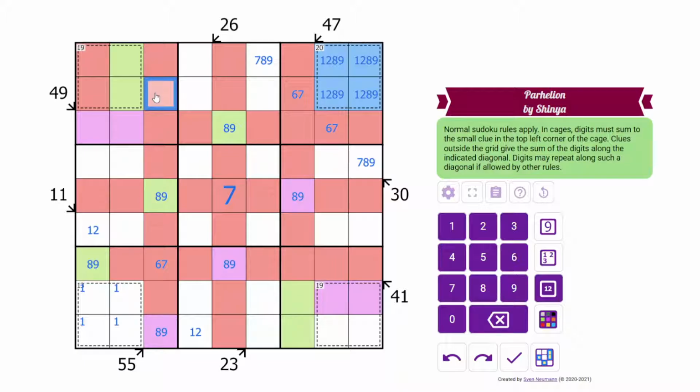This is... odd. Yeah, there's not a lot of helpful values here. Besides those intersections, which we know are 8, 9s.